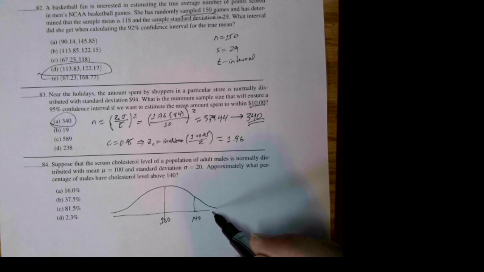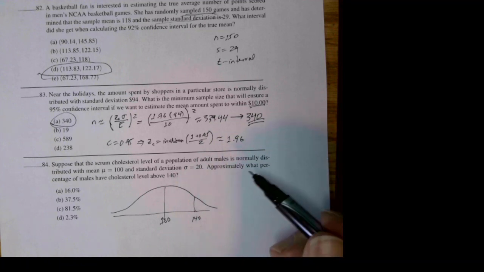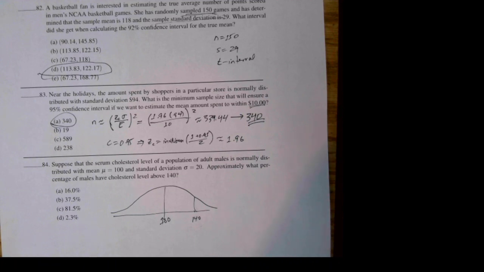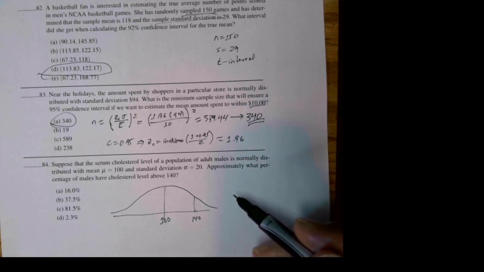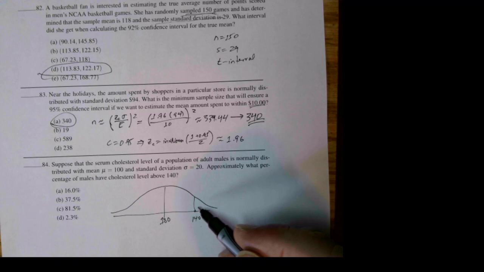We're asked for the percentage of males who have cholesterol level above 140, and that's going to correspond to the probability that a randomly chosen adult male here has cholesterol level above 140, right?